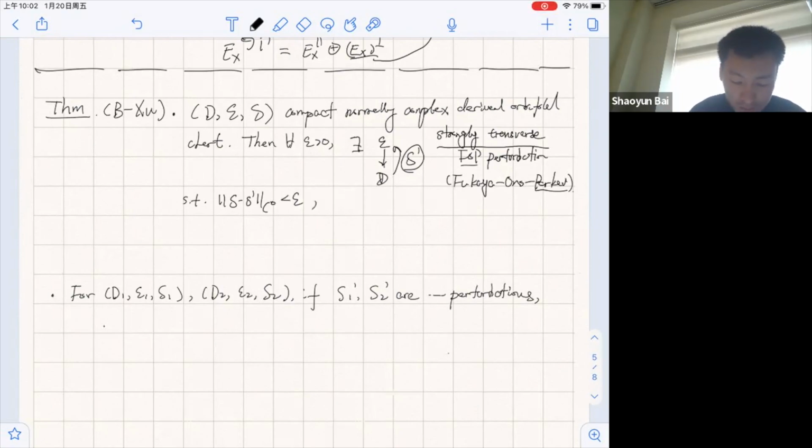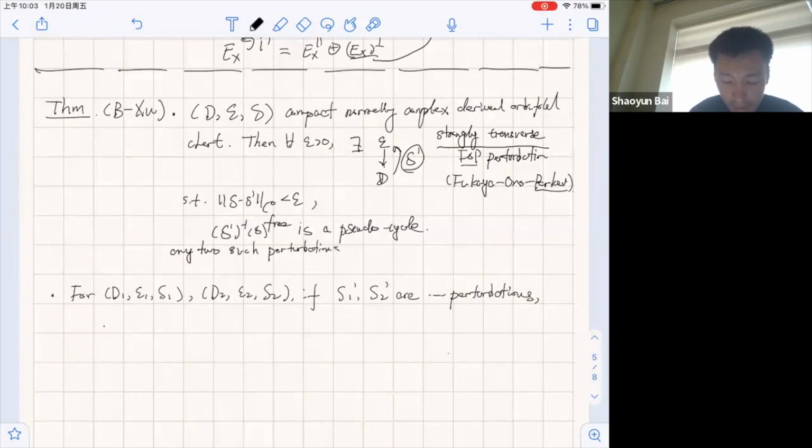Moreover, if we look at the zero locus of our perturbed section and consider the open locus consisting of those points whose stabilizer is trivial, in other words the free part, it defines a pseudo-cycle. Moreover, any two such perturbations produce cobordant pseudo-cycles.